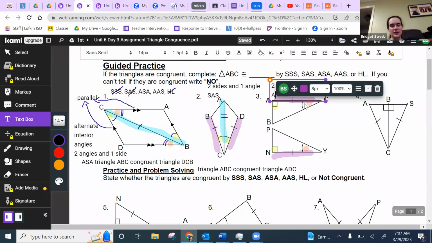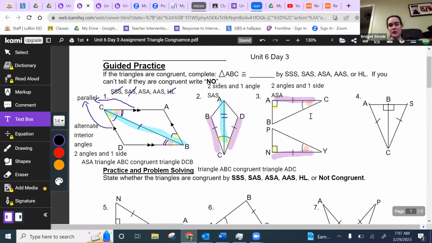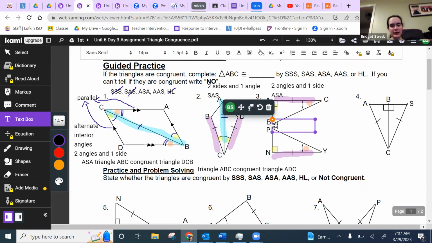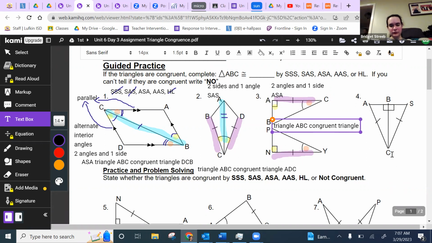So that means we have angle, side, angle. I know that some of you are wanting to say that it's hypotenuse leg, but we don't have two sides. And that means that triangle ABC is congruent to triangle NPY.